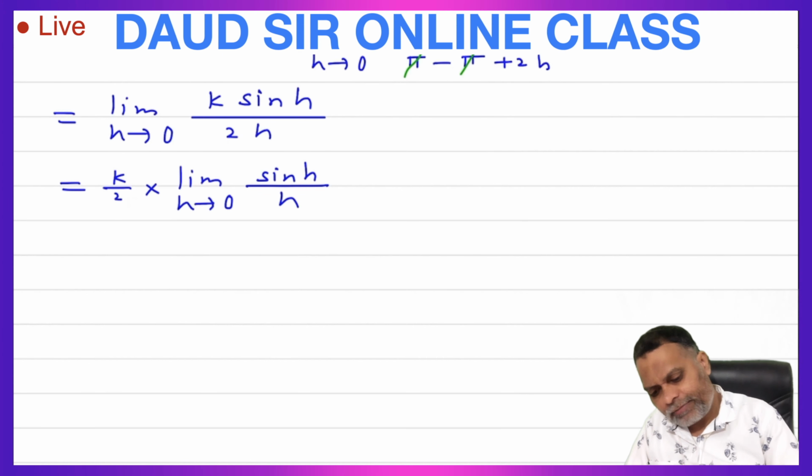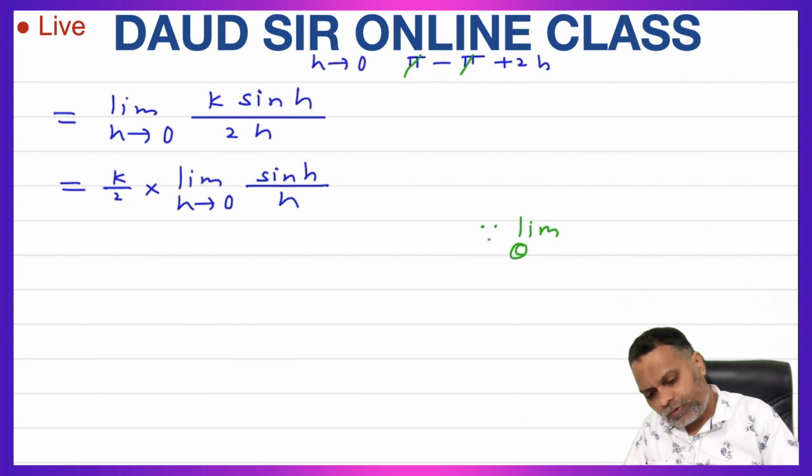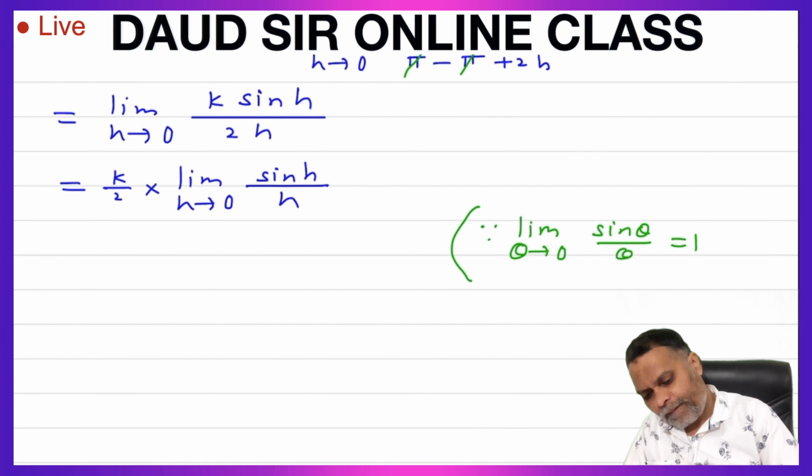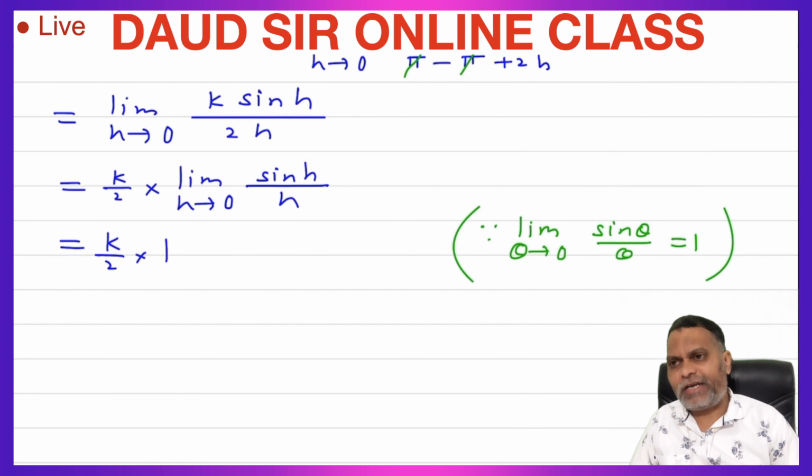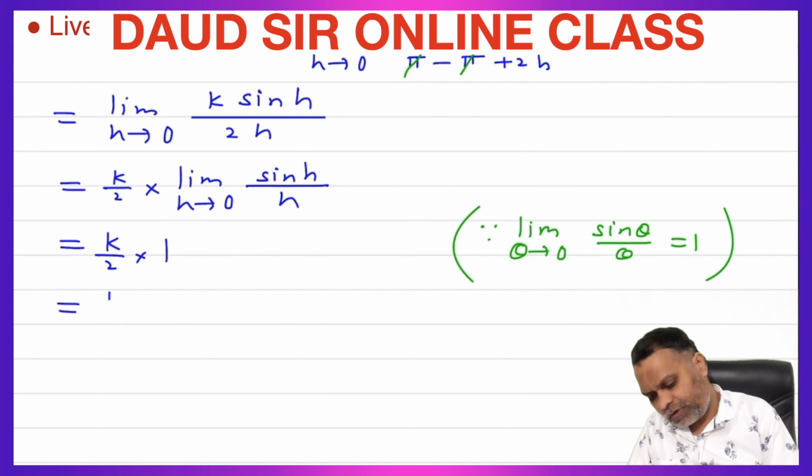Now we can use the limit theta tends to 0 sin theta upon theta is equal to 1. So this is k by 2 into limit h tends to 0 sin h upon h is equal to 1, which is equal to k by 2 only.